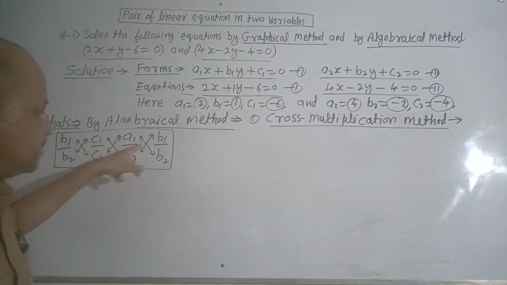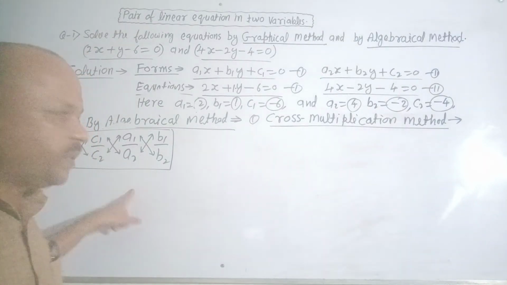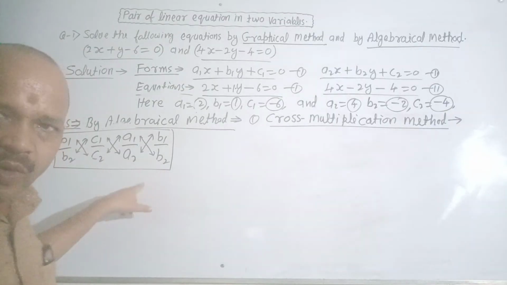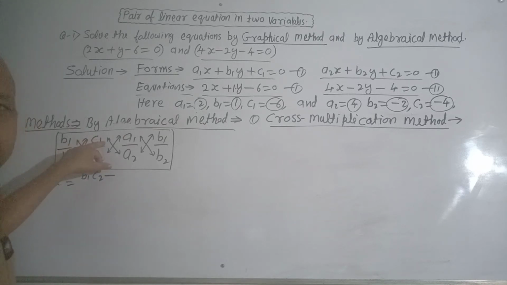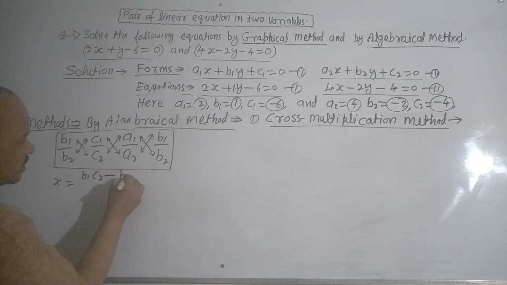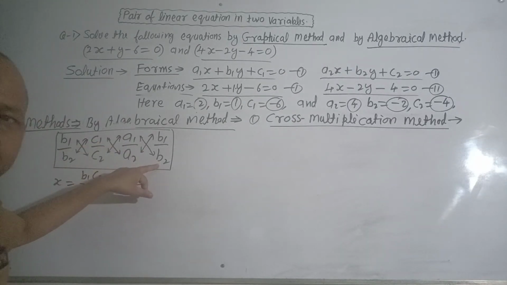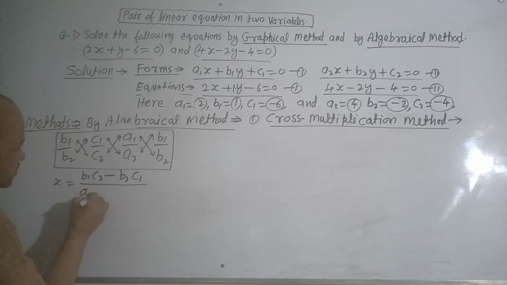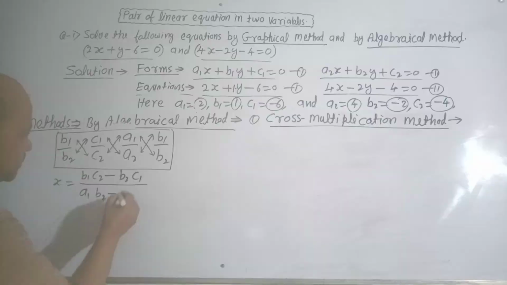You can find the coordinate of x and y by this method. Value of x equal to b1 c2 minus b2 c1 upon a1 b2 minus a2 b1.